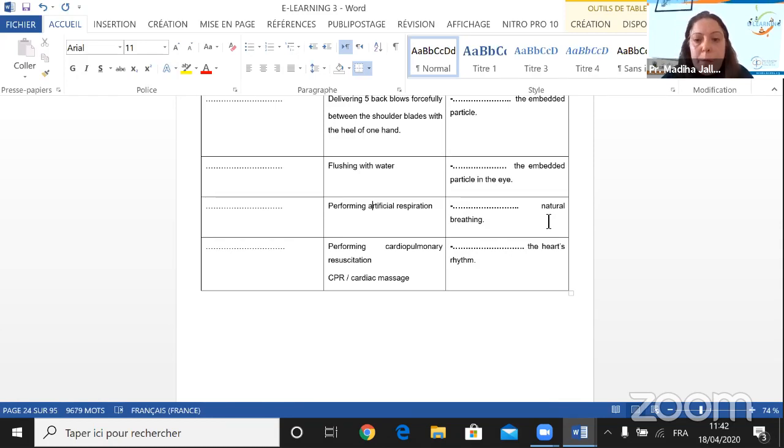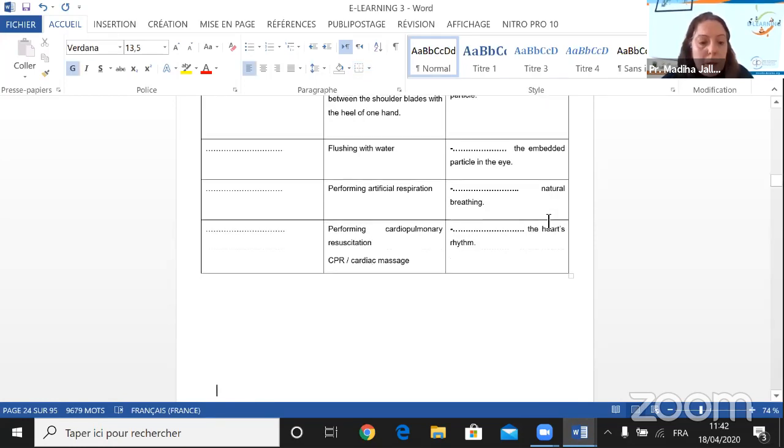You perform artificial respiration, and after you perform artificial respiration, what is your outcome? Natural breathing. Yeah, you start natural breathing, or you restore, or you bring back this natural breathing. So the natural breathing will resume, will start again. Okay.